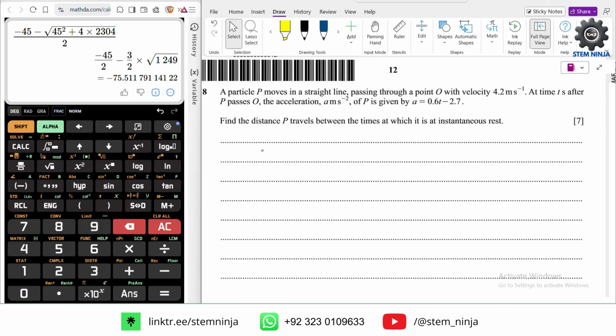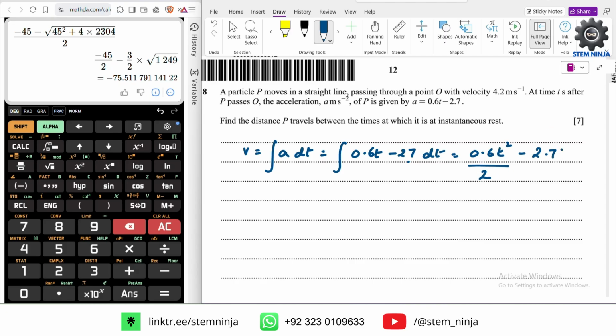So let's integrate this. So v would be the integral of a dt. So you have the integral of 0.6 t minus 2.7 dt. So we will get 0.6 t squared over 2 minus 2.7 t plus c.